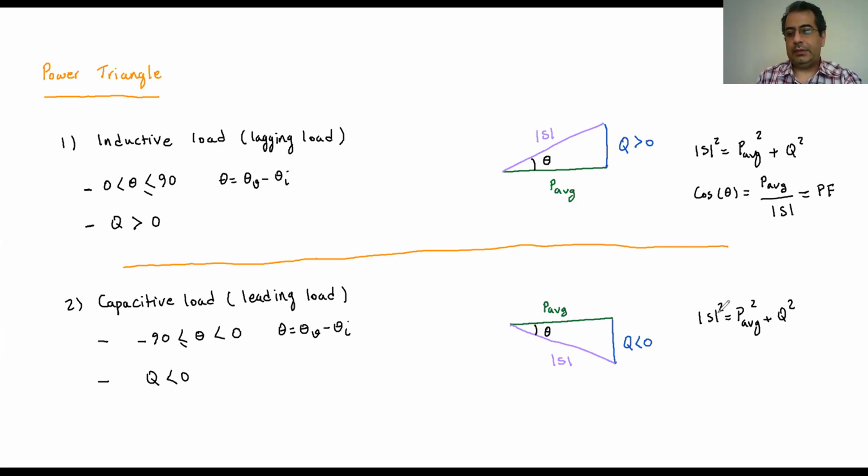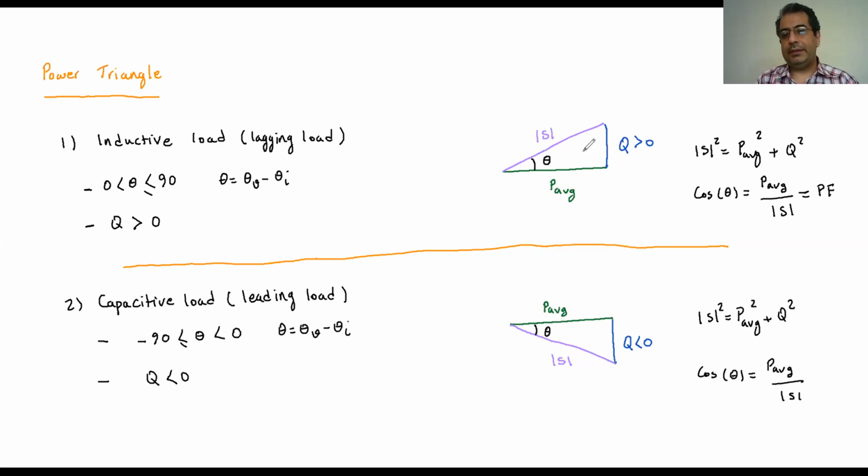Again, the cosine theta is going to be the same as in this case here, so you can calculate it from the P average divided by S. But remember that theta is going to come out negative this time. So here theta is positive, there theta is negative.